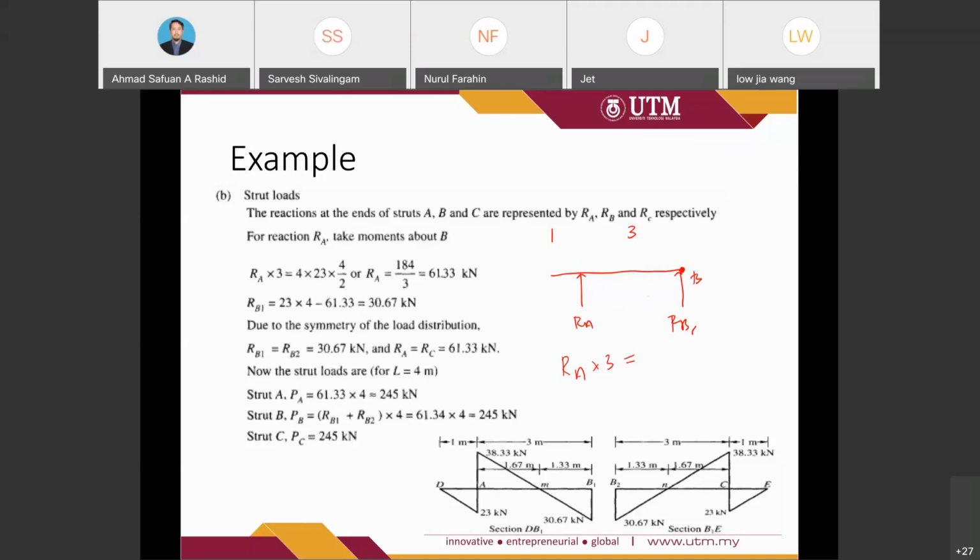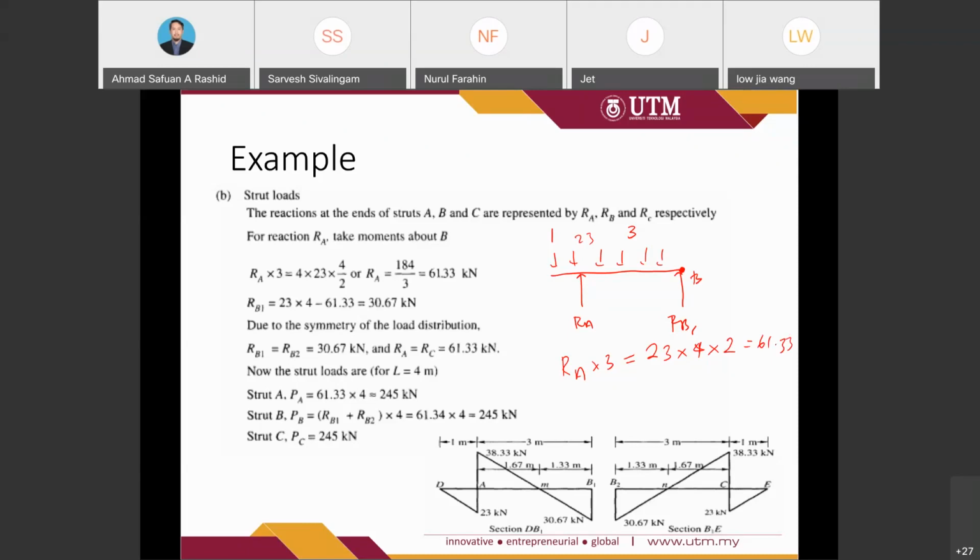So this is 23 uniform distributed, so 23 times 4, that is the distributed load, and then multiply with the moment arm. It should be 2. So the result is equal to 61.33. So that is for the RA.